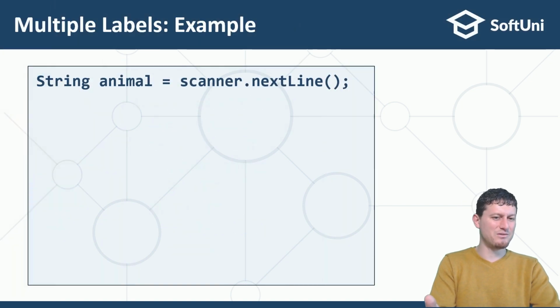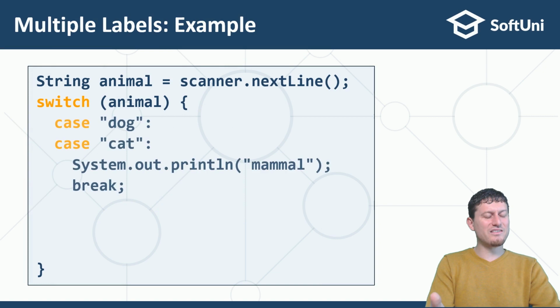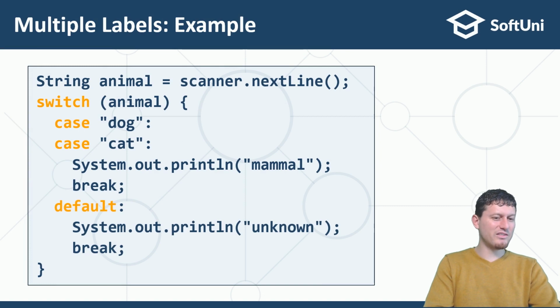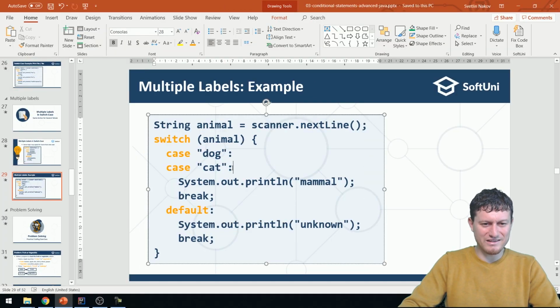This is an example. Animal. In case the animal is dog or cat or something, it's mammal. Otherwise, it's unknown. So in case it's, for example, eagle and pigeon, it's bird. I may have this.